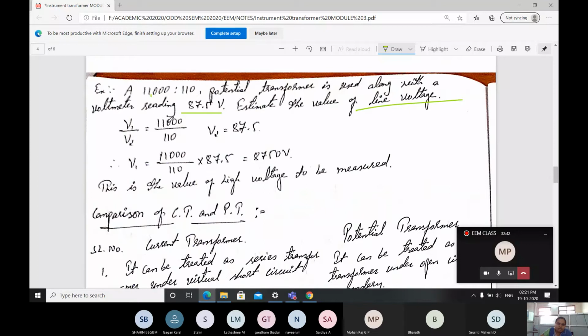That is 11,000 divided by 110. It's the ratio given. V2 is given as 87.5. Therefore, V1 is going to be equal to 11,000 divided by 110 into 87.5. You will be getting 8,750 volts. This is the value of high voltage to be measured.